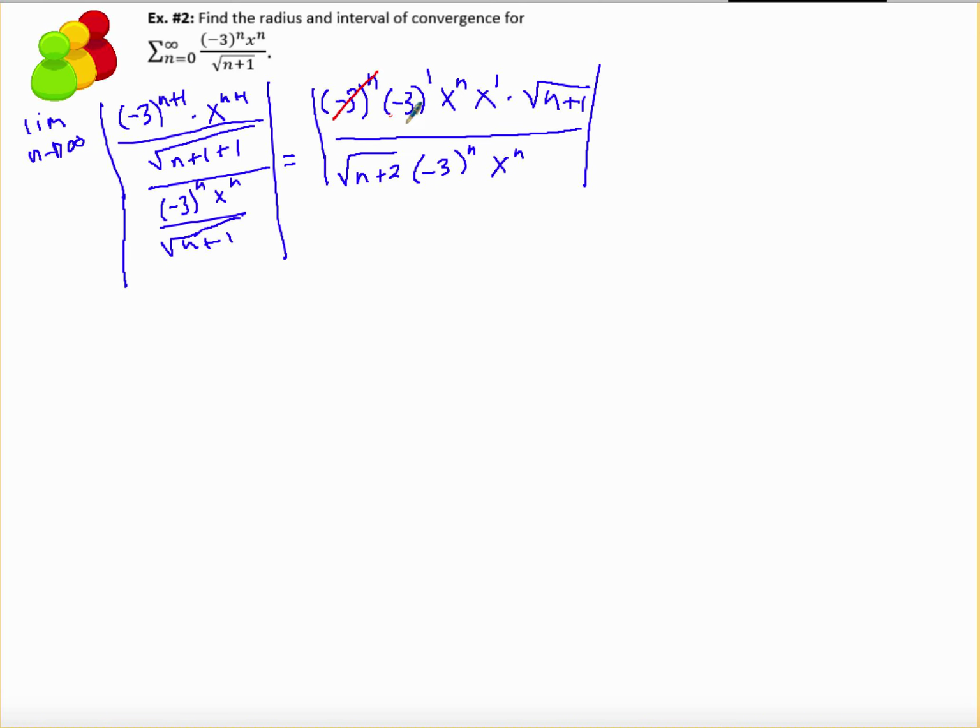So negative 3 to the n and negative 3 to the n reduce, x to the n and x to the n reduce, and it looks like I have negative 3x times the square root of n plus 1, all divided by the square root of n plus 2.